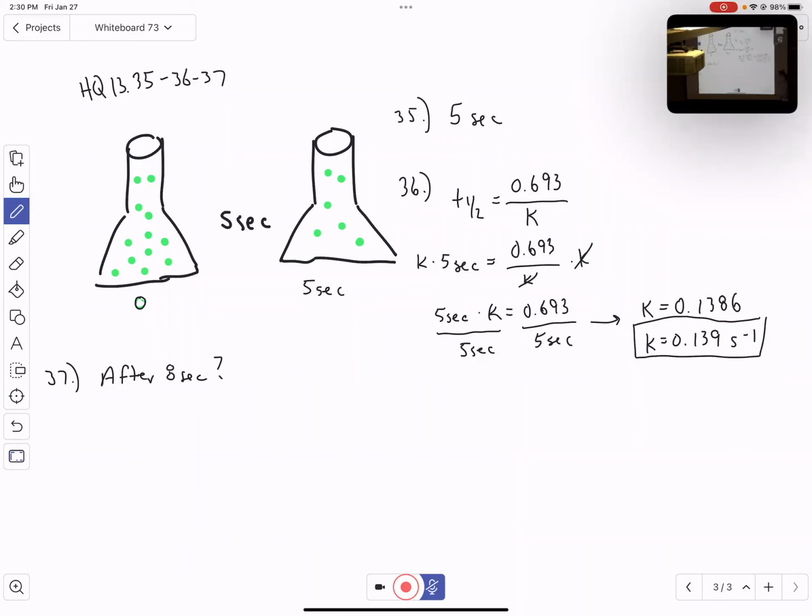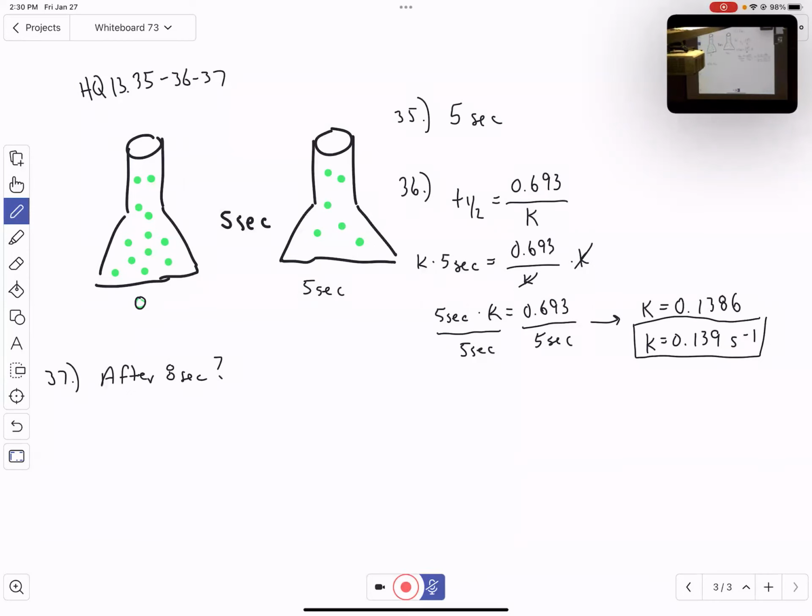That's a nice even half-life. But we don't have that because we've got 8 seconds. So it's a half-life and then part of the next one. We can guess: I would say we're going to have about 4 molecules left, since we've gone through one half-life and almost half of the next. But how to find that?